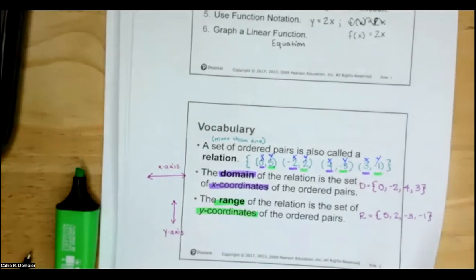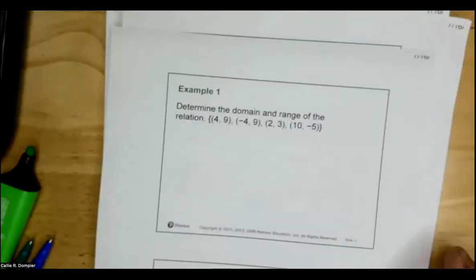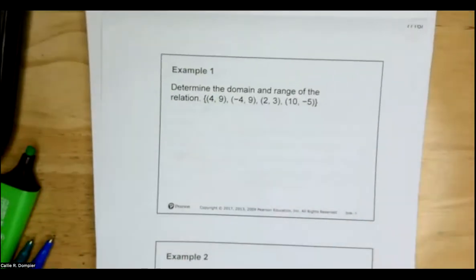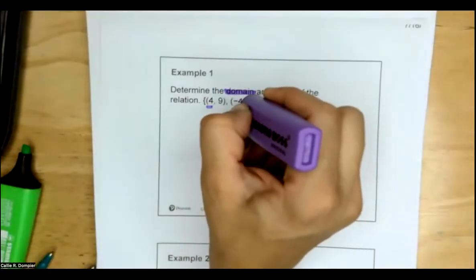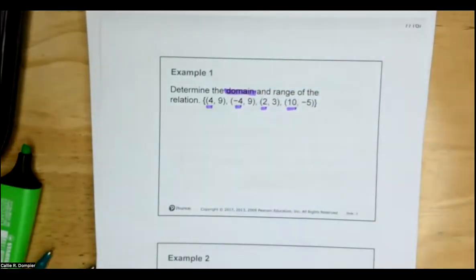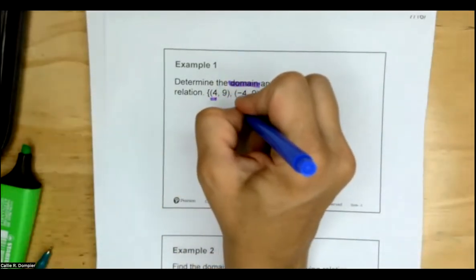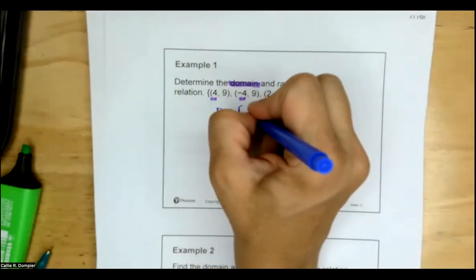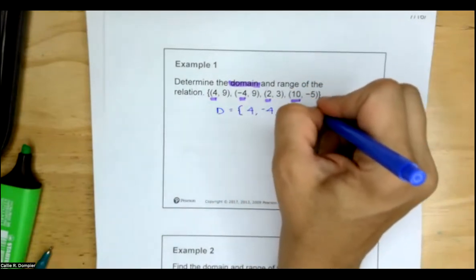We're going to practice that with example 1. It says determine the domain and the range of the relation. So remember, for domain, we had x values. My domain is the set 4, -4, 2, 10.